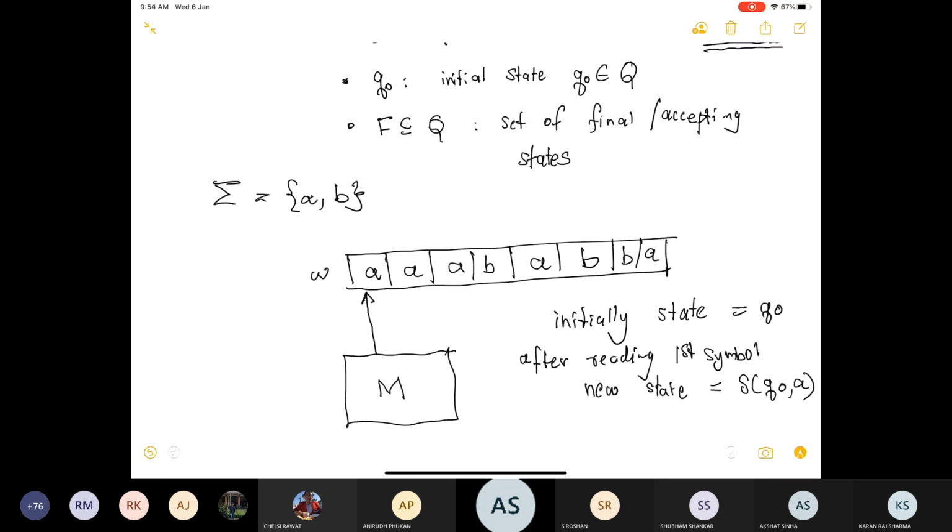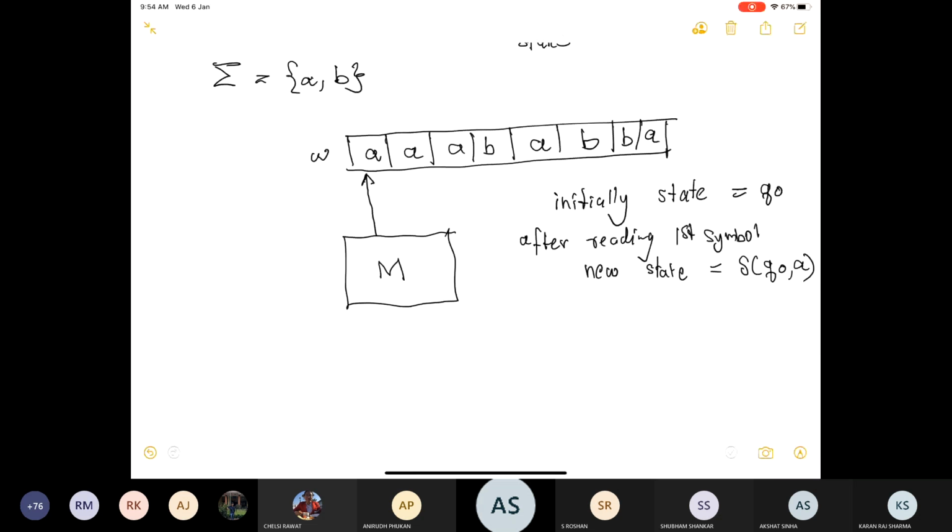And the machine will scan the next symbol. So this is how it behaves.